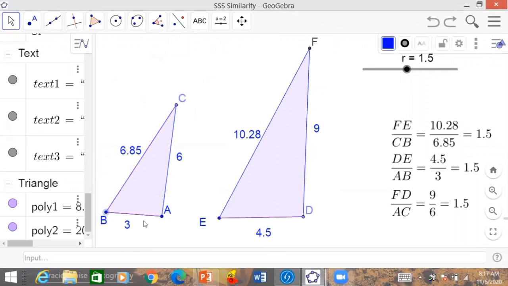Now see here, I have constructed triangle ABC and triangle DEF such that their corresponding sides are in proportion. See there, EF by BC is equal to 1.5, DE by AB is equal to 1.5, then AC by DF is equal to 1.5. You have to measure the length of sides of your triangle and you have to take the ratio.